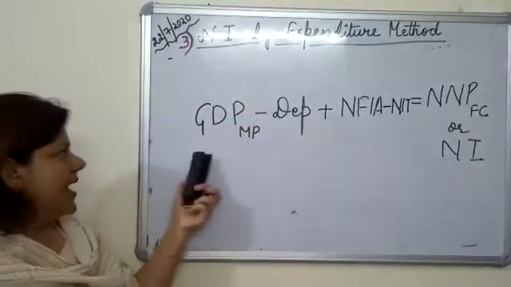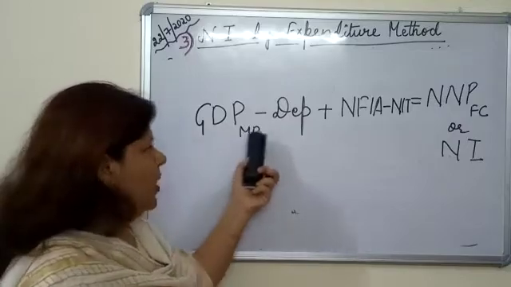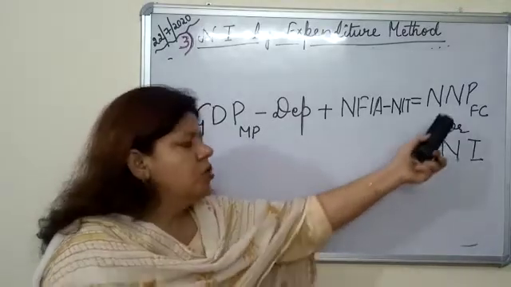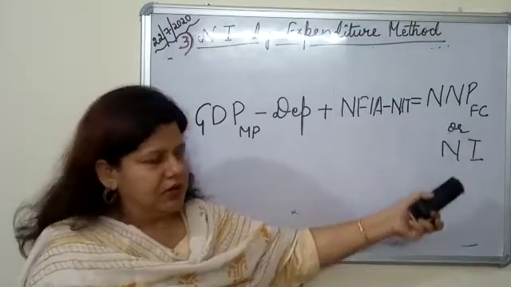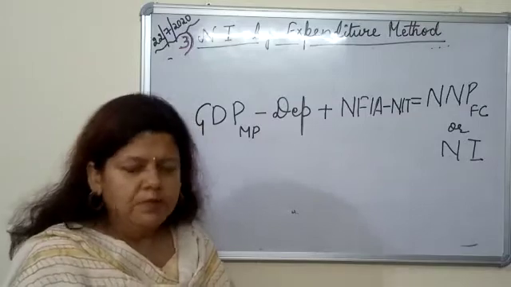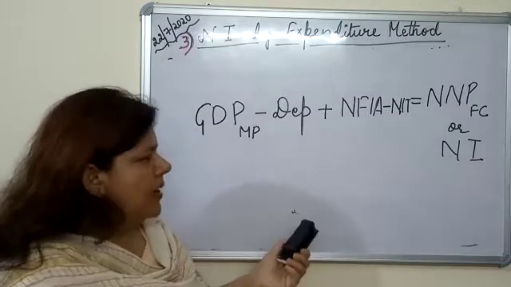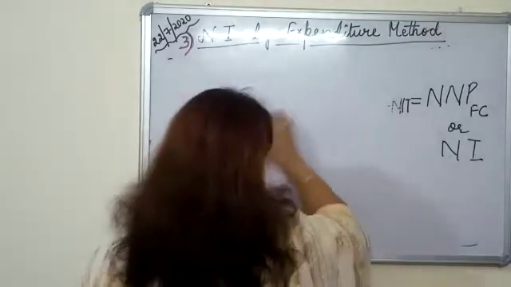So from gross domestic product at market price, you apply these formulas to convert it into net national product at factor cost. This we have calculated by the expenditure method. Students, we will be doing one numerical on this basis. Now I'll write the numerical on the board.